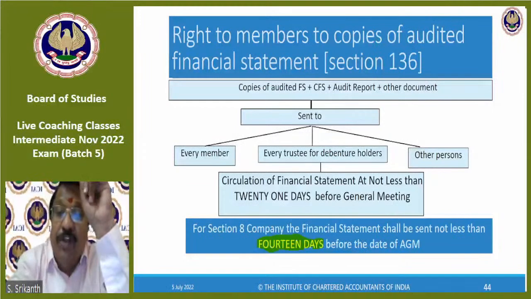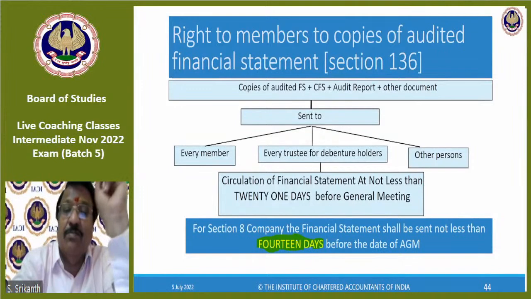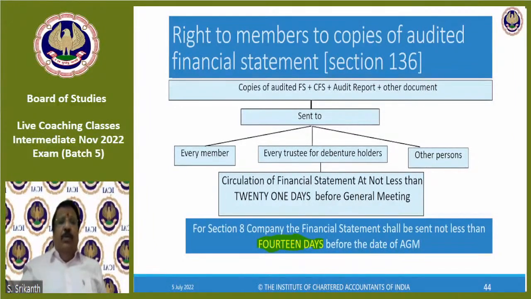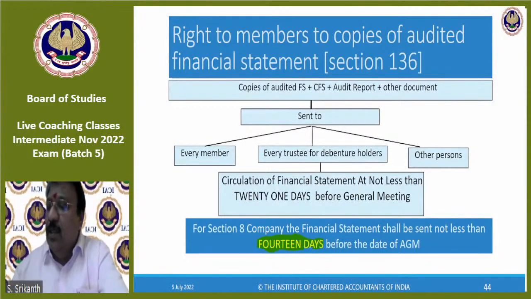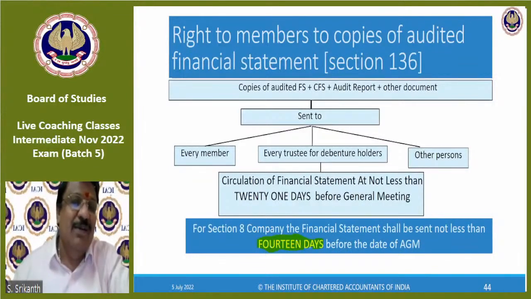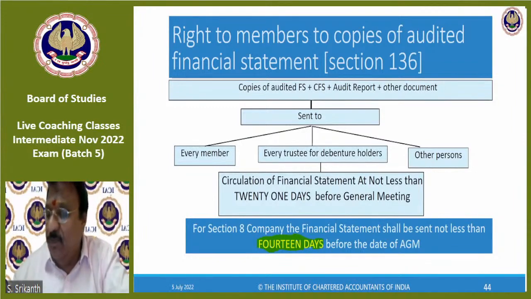So along with your AGM notice, you should send the financial statement, ideally in book form. Since you have downloaded the financial statements of Tata Motors, check it and you will find the AGM notice is the first page. Just check and see.